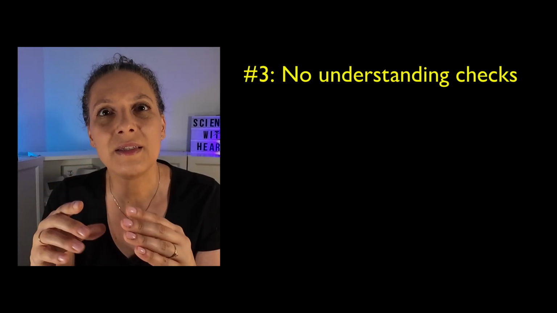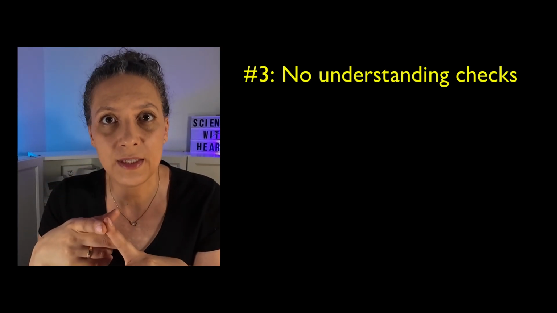The third common teaching mistake really is a bad one, and it impacts learning very negatively, and the other way around, it helps learning tremendously in the classroom. The mistake is lack of understanding checks.